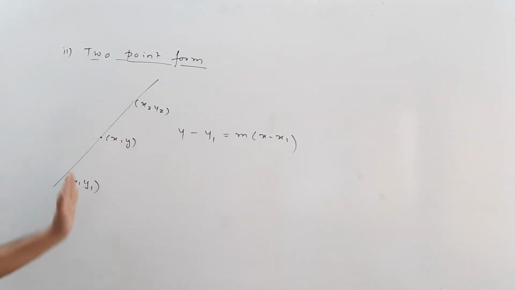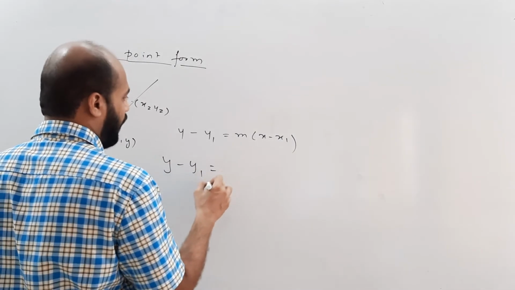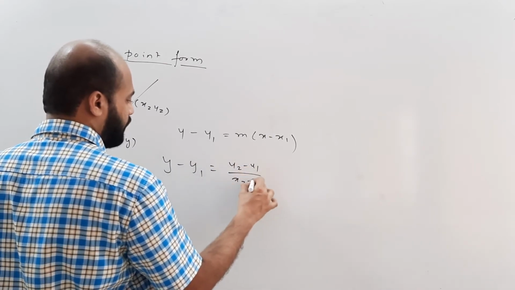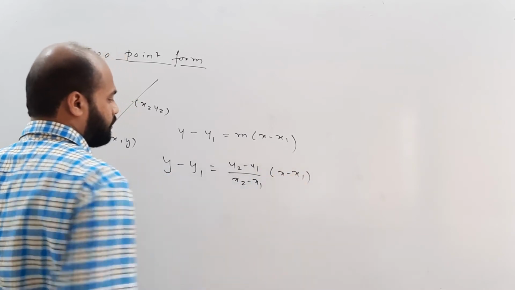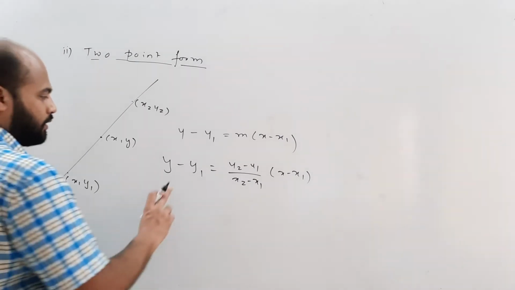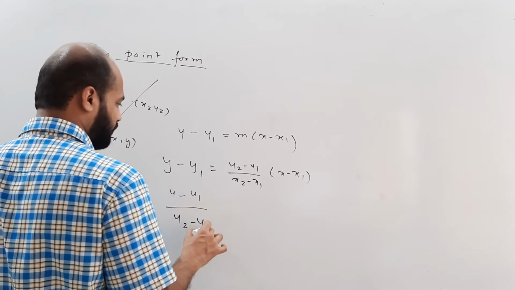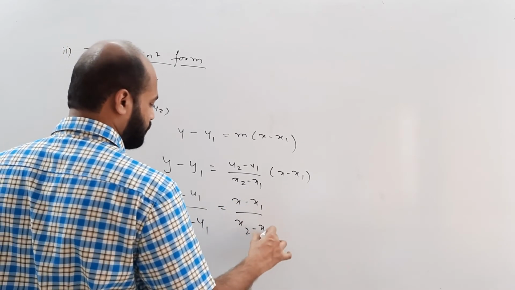Now we got 2 points. Now with the help of these 2 points we can definitely find a slope. So we can define this slope as y2 minus y1 by x2 minus x1. So this is precisely what we want. So we will write this as y minus y1 by y2 minus y1 is equal to x minus x1 by x2 minus x1.